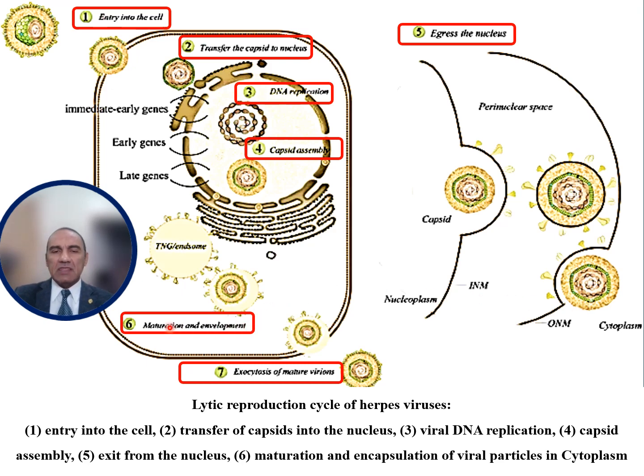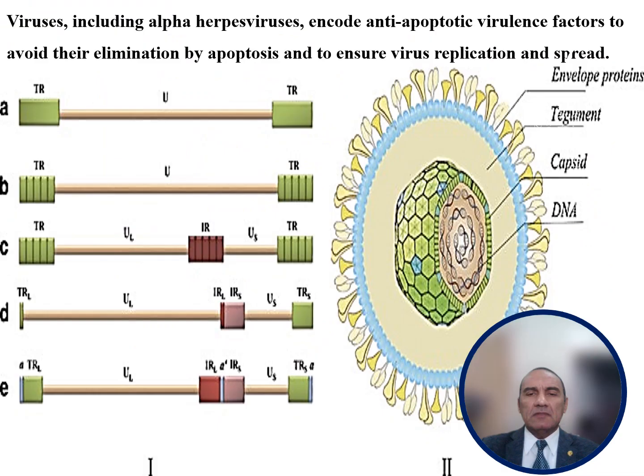Number 6 is the maturation and encapsulation of the new virus inside the cell. And then number 7, the exocytosis, meaning coming out from the infected cell to infect other cells. This diagram shows the classical formation of any virus.